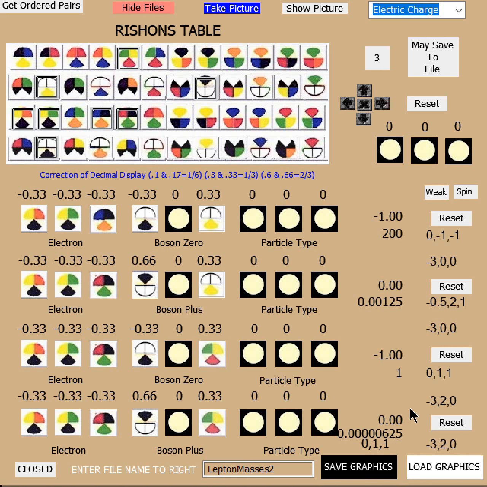And we will find that, as previously noted, the mass factor between the charged and uncharged leptons will be 160,000 electron units. And so in this case, this value of 625 millionths is the reciprocal of 160,000 electron units.